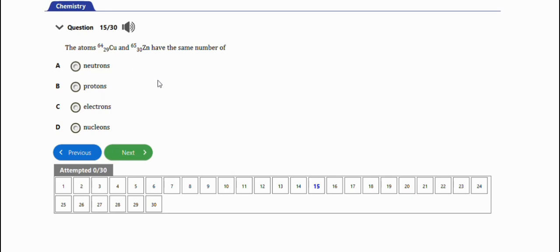They're going to have the same number of neutrons, because when you subtract 30 from 65, you're going to have 35, and when you subtract 29 from 64, you're going to have 35 as well. So you have the same number of neutrons. That's the right option. The next question will be this one.